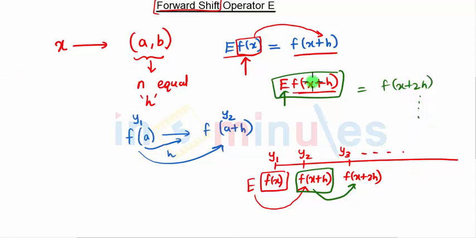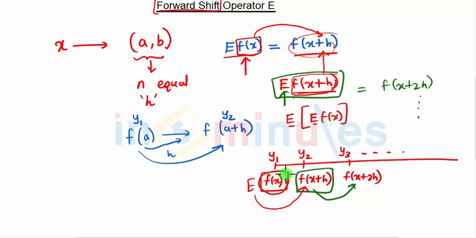So now we have to generalize this formula. From this equation, f of x plus h is nothing but E of f of x. So substituting f of x plus h here, we get E squared of f of x, that is, we are going two intervals ahead from f of x.